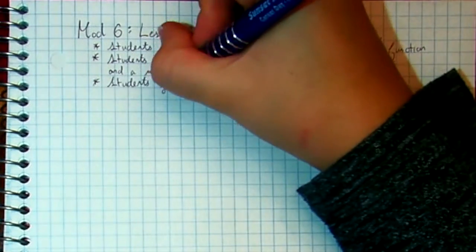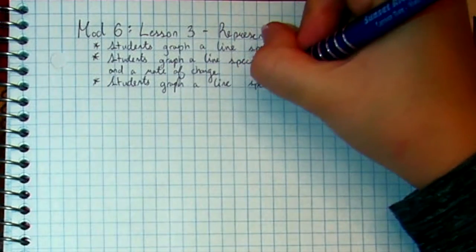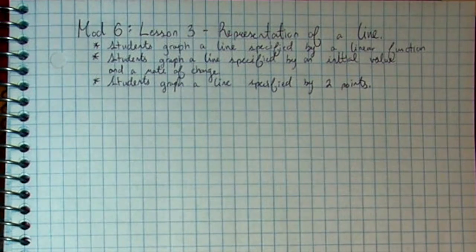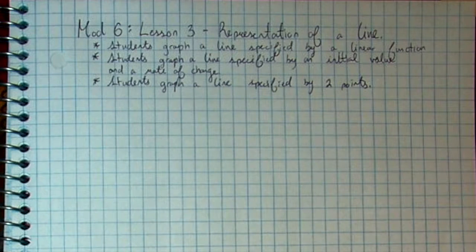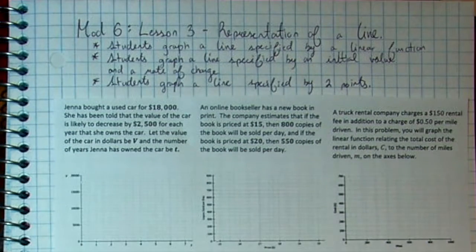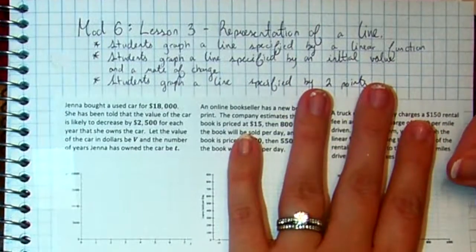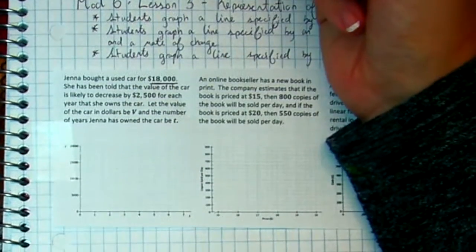And students can graph a line using 2 points. So basically looking at 3 different forms and making sure that given any combination of the above information, the line can be graphed. So again, we're going to secure in a couple of problems here to examine.